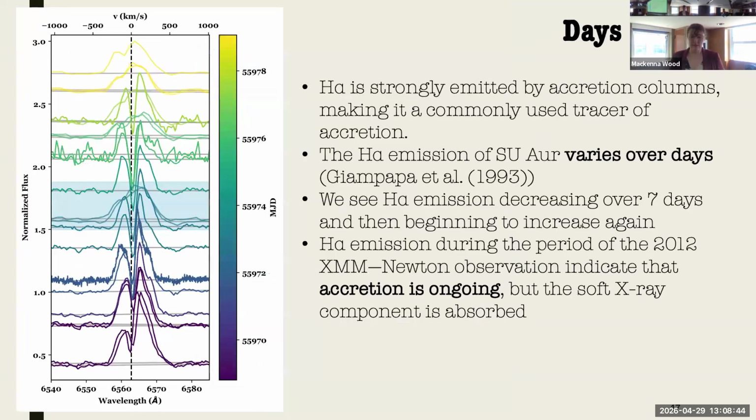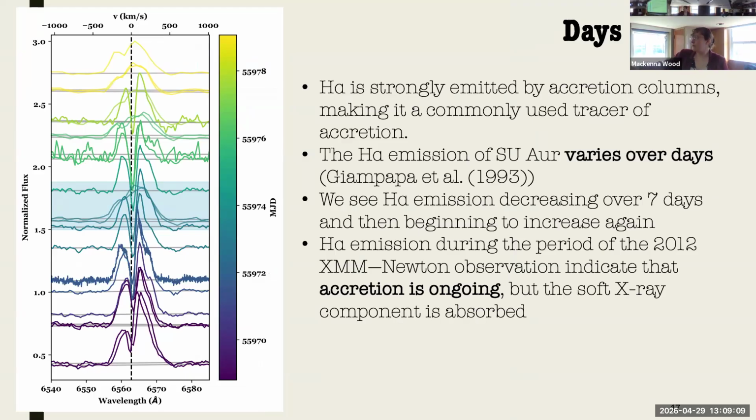Looking at the days to weeks timescale, this is optical data looking specifically at the H alpha line, which is a strong indicator of accretion onto stars. So here we're looking at the changing accretion onto SU Auriga over the span of about 10 days or so. And we can see the shape of the H alpha line changing significantly.